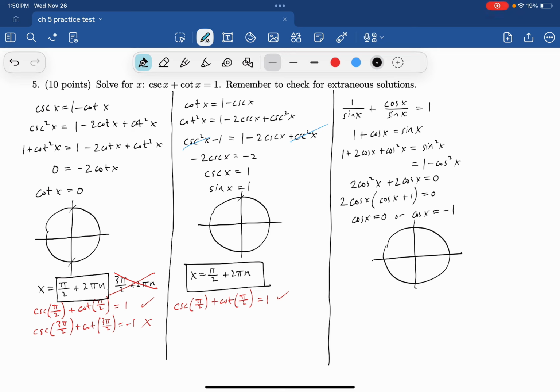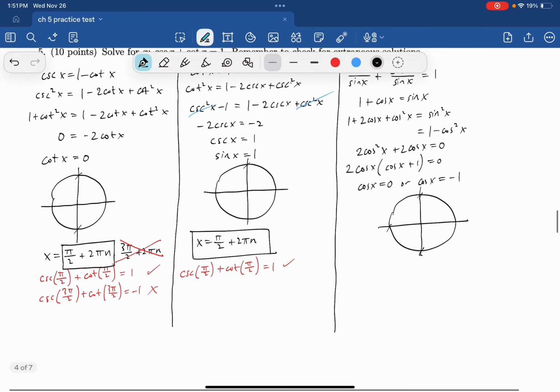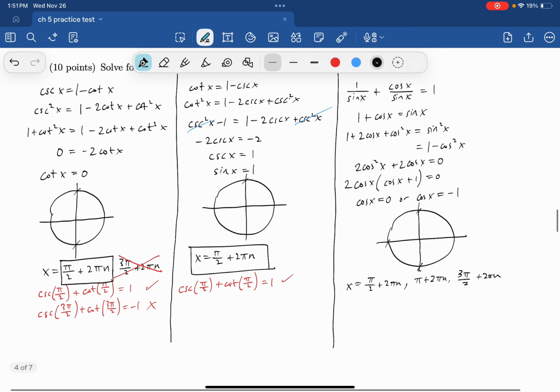So we have two cases, cosine x equals 0 or cosine x equals -1. That corresponds to these 3 points. So x equals pi over 2, or pi, or 3 pi over 2. But then if we plug things back in, we would find that only pi over 2 works.